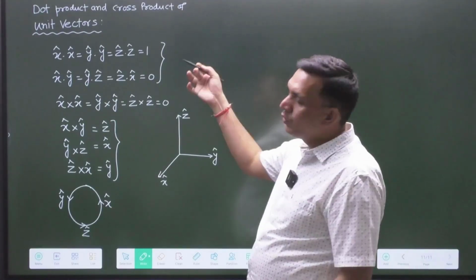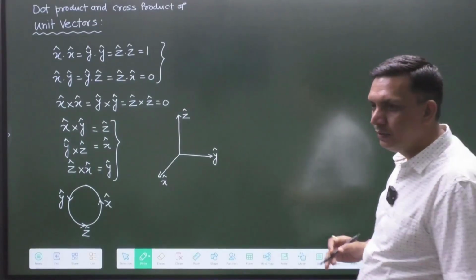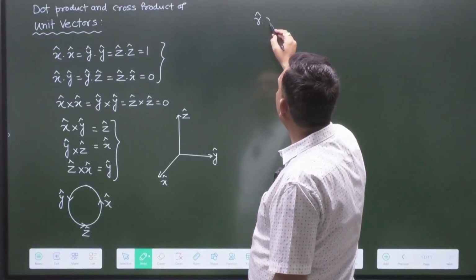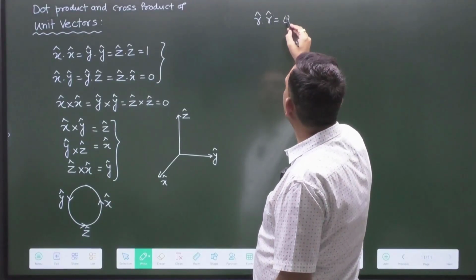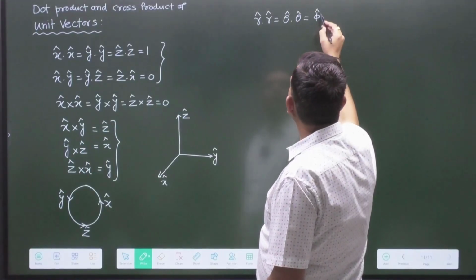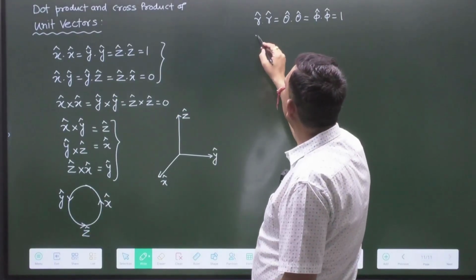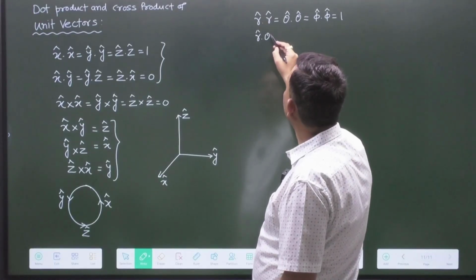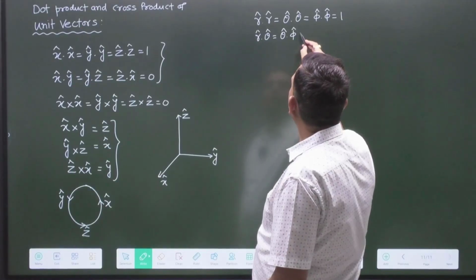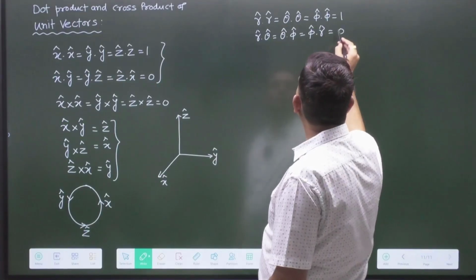In the same way, you can write dot product and cross product of r cap, theta cap and phi cap. So r dot r is theta dot theta is phi dot phi, and phi dot r will be theta.